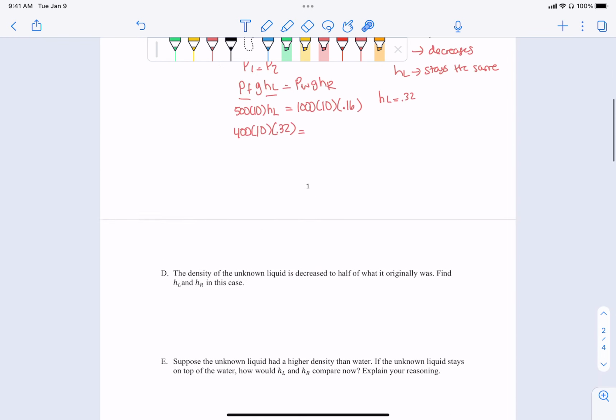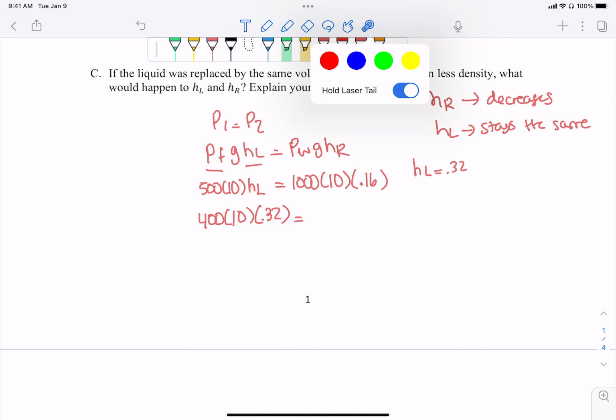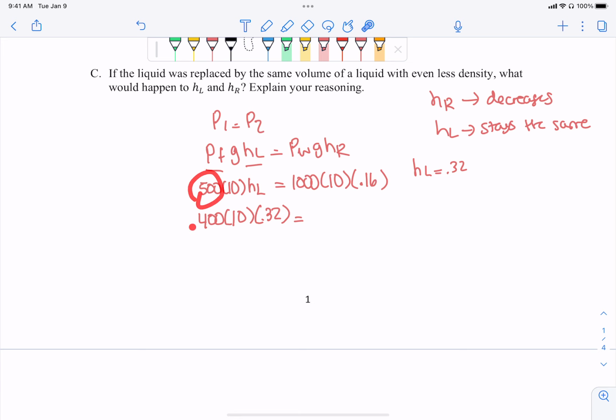And we can check that with the numbers where, like I said, if you had 500 and 400, those are your two densities for that liquid. I'm still adding, well, my height is 0.32 because it's the same amount of liquid that's being added on the left.